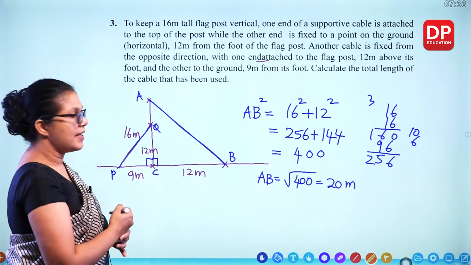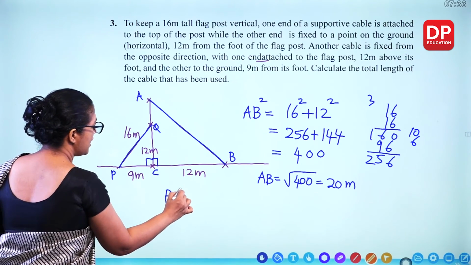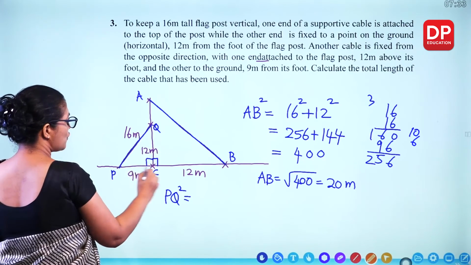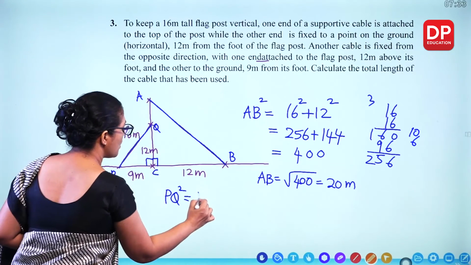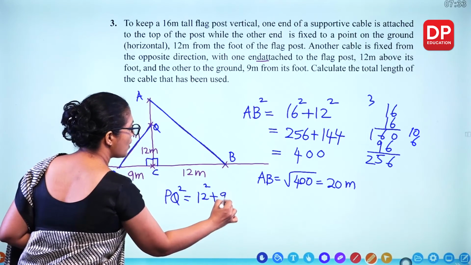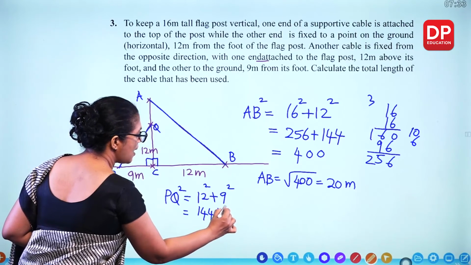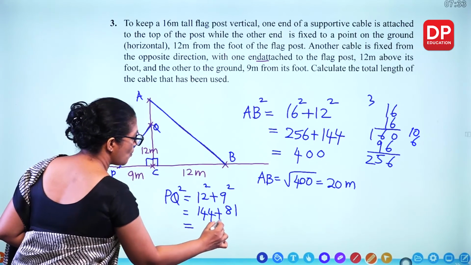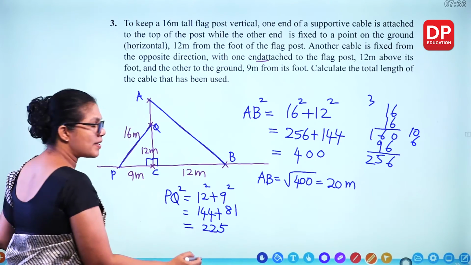We found AB. Now we'll try to find out PQ. PQ squared, that's the hypotenuse for this triangle. PQ squared is equal to 12 squared plus 9 squared. 12 times 12, 144. 9 times 9, 81. So when you add it together, 225.